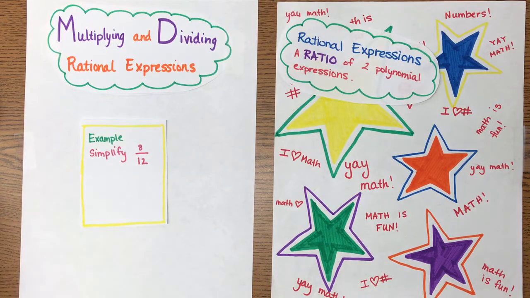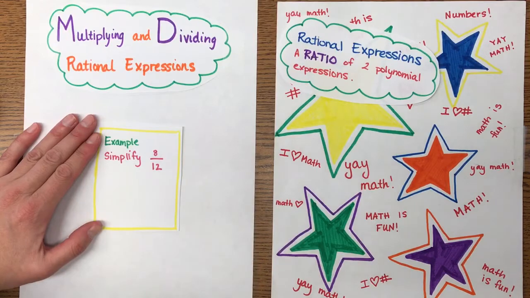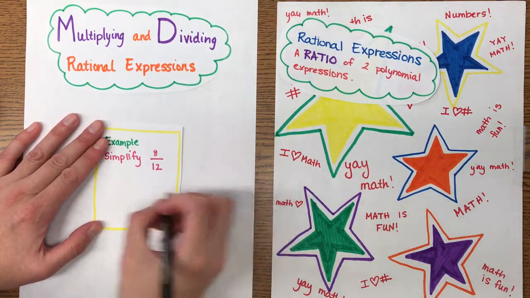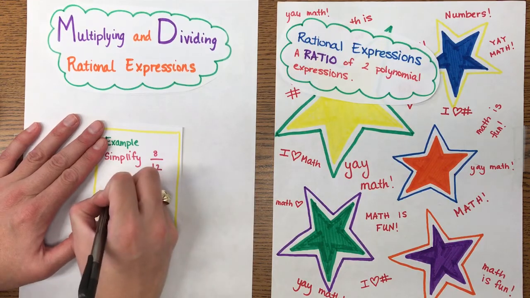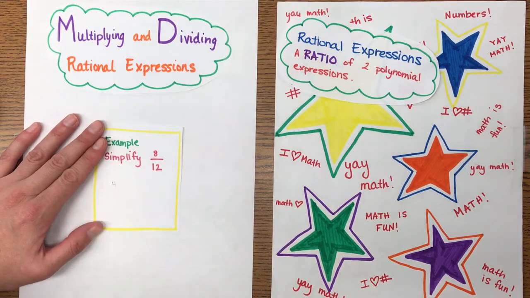When we're looking at rational expressions, the first thing we want to be able to do is just simplify. And to simplify a rational expression, I'm going to go back to how we simplified fractions. We should be familiar with simplifying fractions. The method we're going to use here is canceling out common or like factors from the numerator and the denominator.